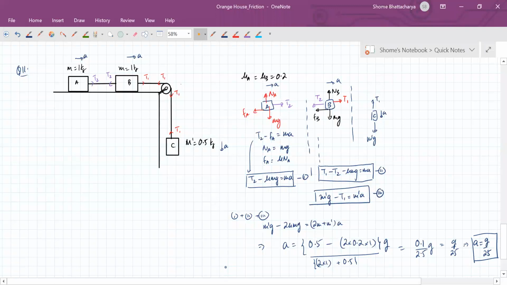Now generally in HC Verma you have to take the value of g as 9.8 instead of 10. So in case you're not getting the numerical answer because of that, just make sure. But I think in this they have taken it as 10 only because the answer is given as 0.4.